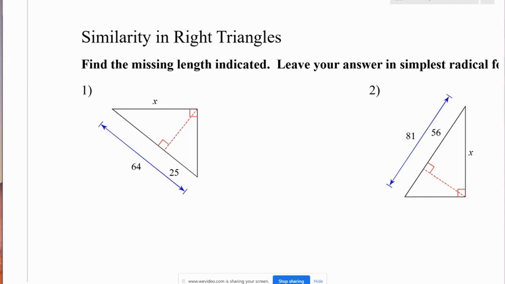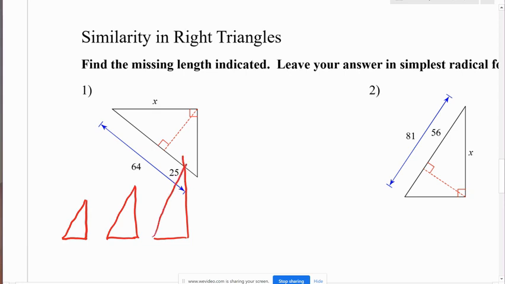Okay, so as we did in the previous problem, in order to approach all of these, I want to draw our three triangles, small, medium, and large. The orientation that you pick doesn't matter as long as we use the same orientation for all three.